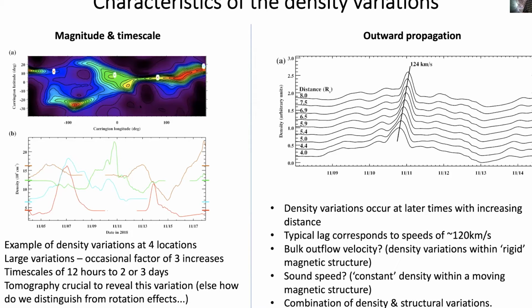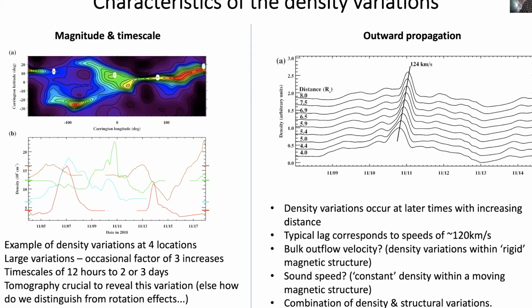What I've done here is select 4 points in the streamer belt, and I'm plotting the density as a function of time. The density variations can be very large. This red line, for example, shows an increase of a factor of 3 from the mean, and this occurs over 2 or 3 days. The timescales of these variations are anything from 12 hours to 2 or 3 days, or sometimes 4 days.